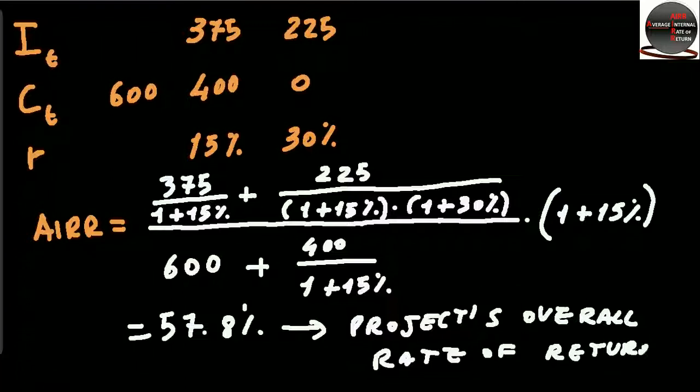And now we have a problem, because we are able to compute the project's rate of return, but we have to compute the minimum attractive rate of return as well.